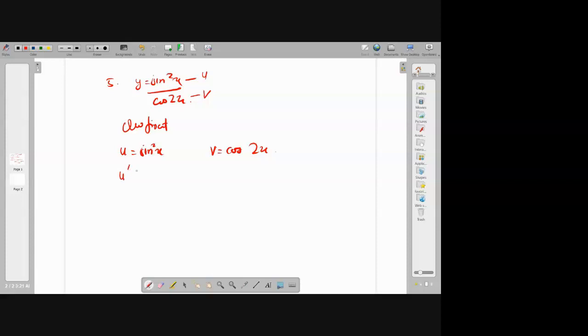So what is u prime? Okay, let me differentiate v first. So v prime is negative 2 sine 2x. Now, please differentiate sine squared x.